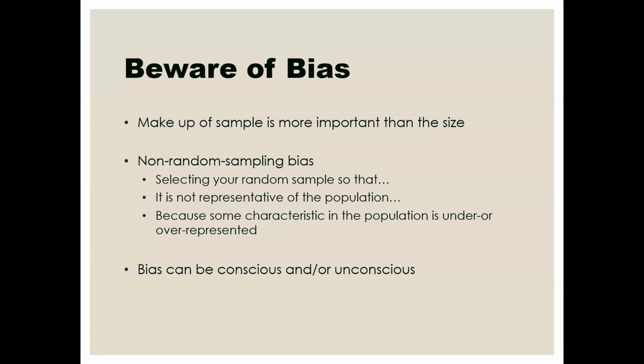So again, I'll give you the example of the healthy worker bias. It's in your book, but it's this idea that you could only select practices or only select groups that have occupational categories that indicate that workers are happy and healthy.